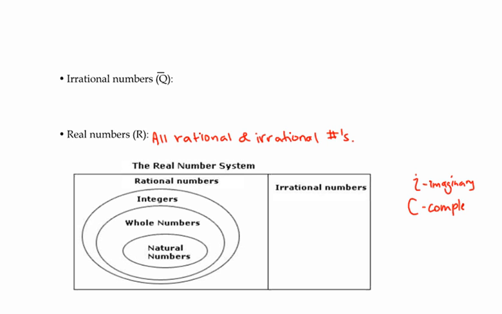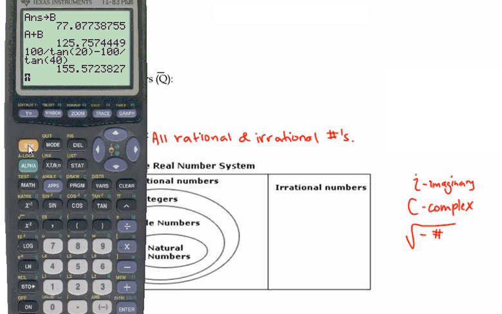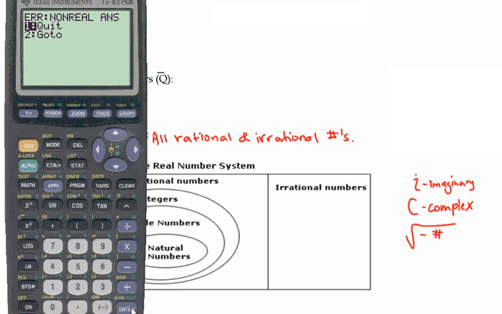And that's only when you take the square root of a negative number. Those are non-real numbers. If you take your calculator and try to take the square root of a negative number, so let's take the square root of -2, your calculator says non-real answer. It's a non-real number, okay? It's not real. We only study real numbers, okay?